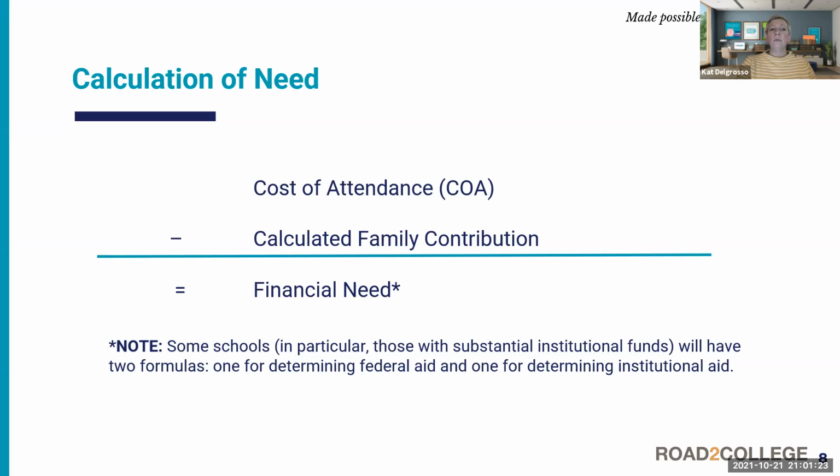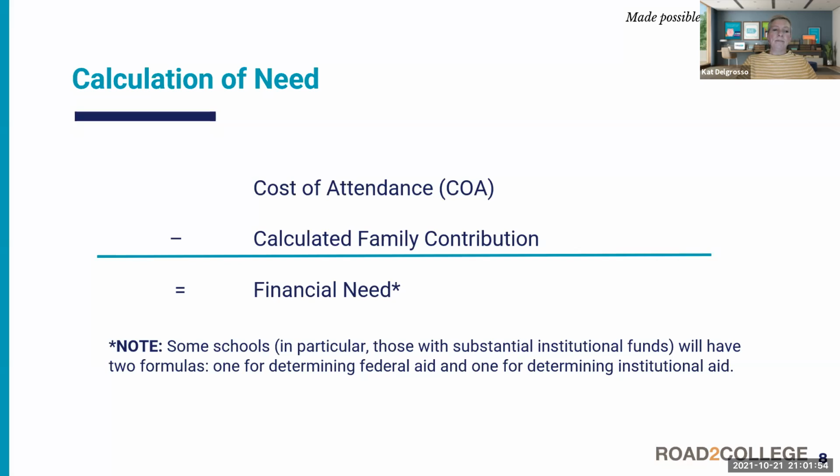So the form only looks at home equity, not home value. So to answer her question, that could cause your calculated family contribution to be further apart between the FAFSA and the CSS profile. So home is one of them.